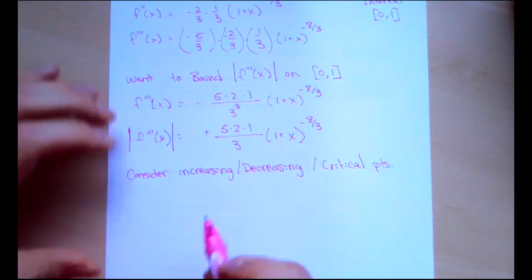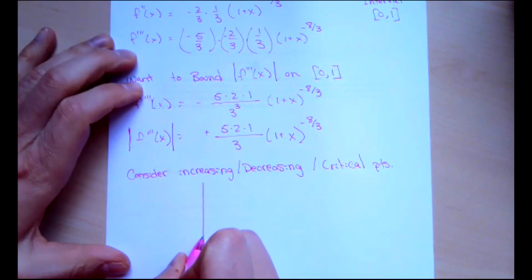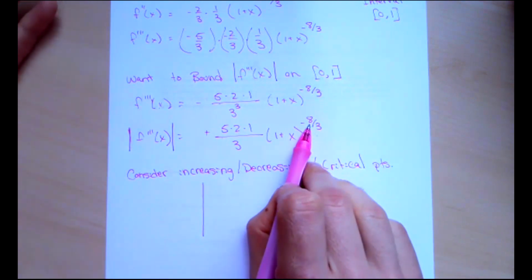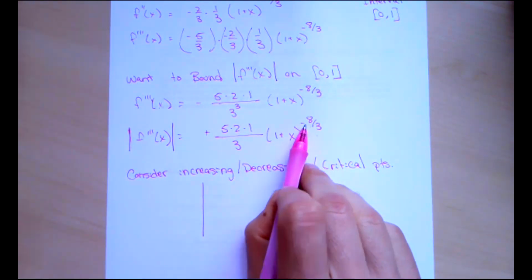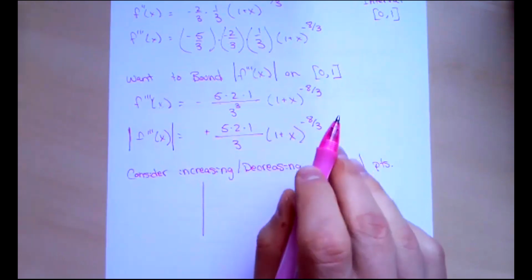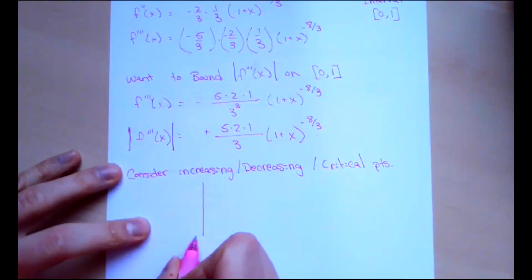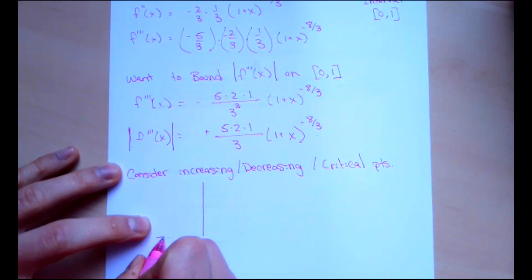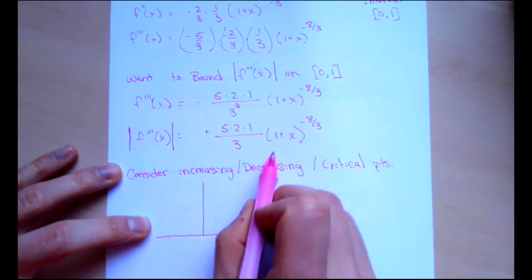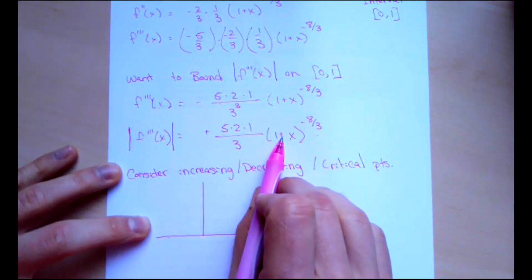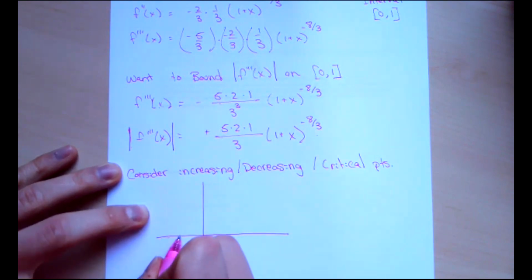So what is 1 plus x to the negative 8/3? It's a negative exponent, almost like to the negative 3, but not quite, right? 8/3 is close to 9/3. Since it's a negative exponent, if I have a 0 here, we'll get an asymptote.